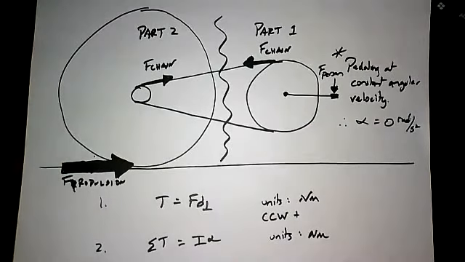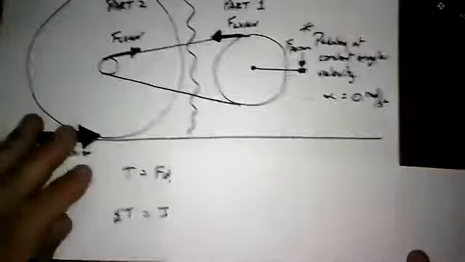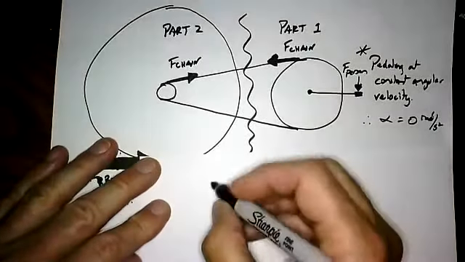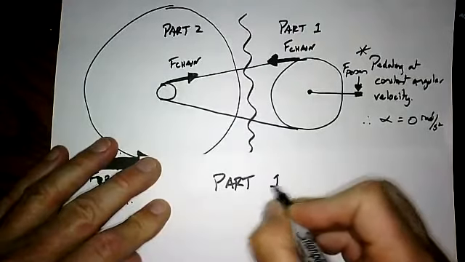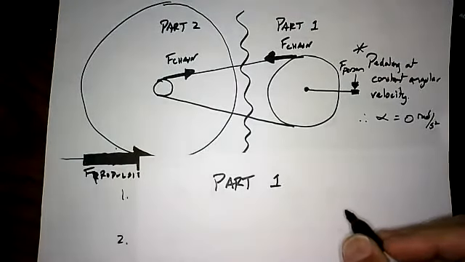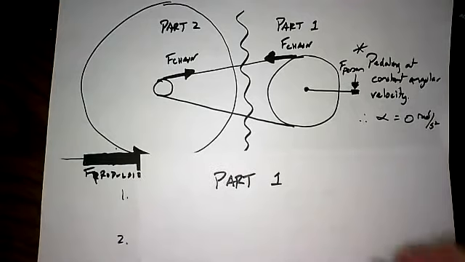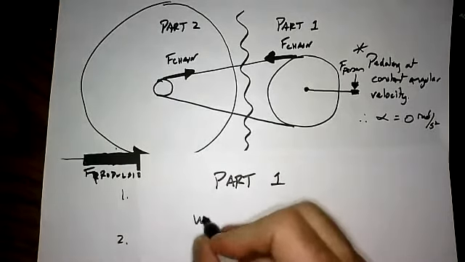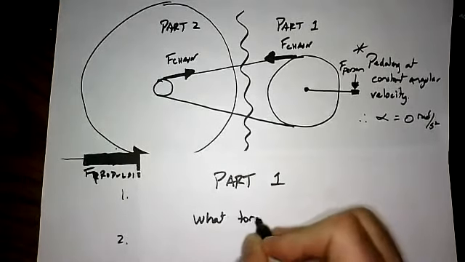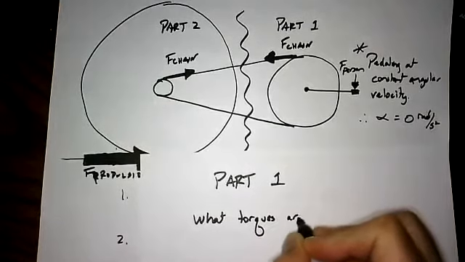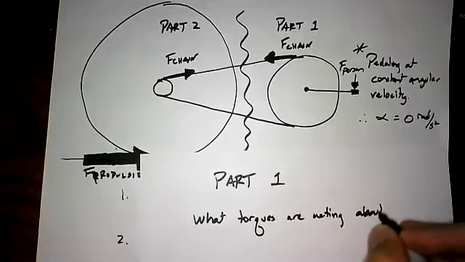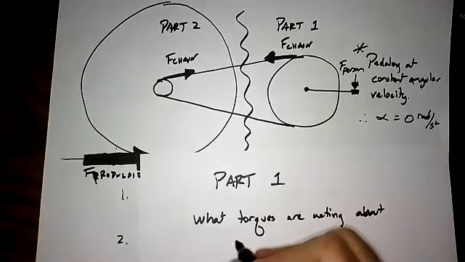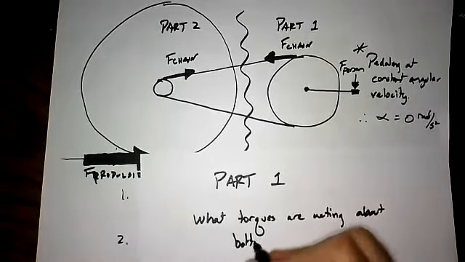Let me start another piece of paper, notes. Part 1: what torques are acting about the axis of rotation, which in this case we'll call the bottom bracket?